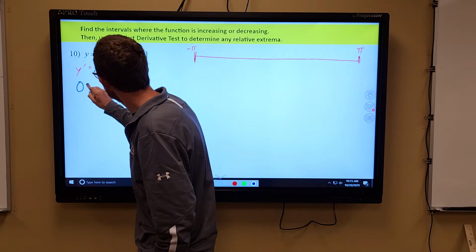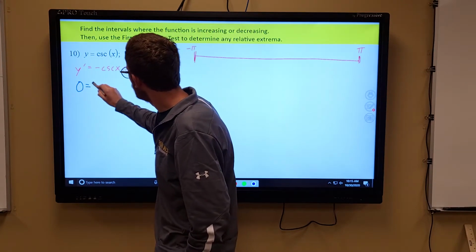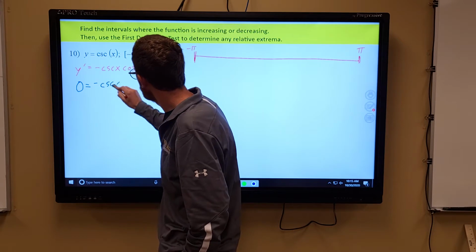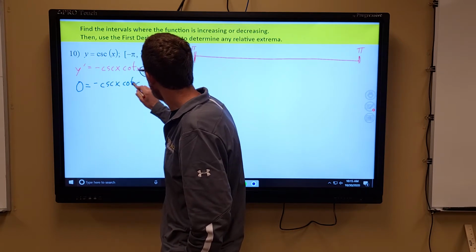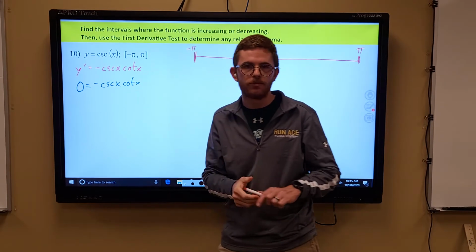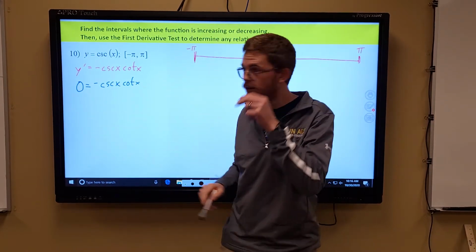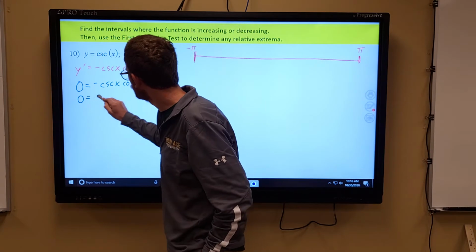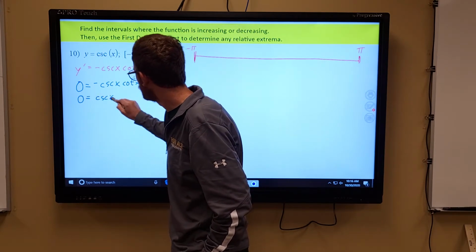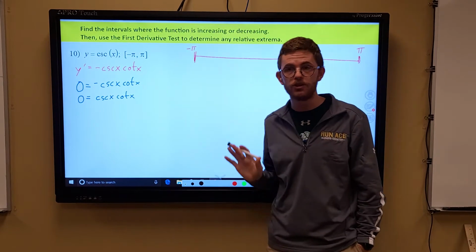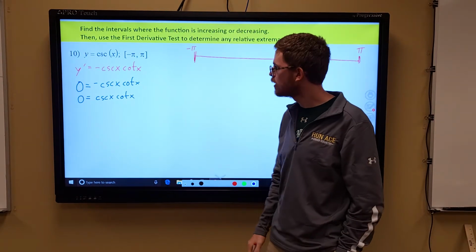So if I set this equal to 0, this is negative cosecant of x cotangent of x. But I'm going to first make this easier on myself. Divide both sides by -1, and we have 0 equals positive cosecant of x cotangent of x. If that negative possibly confuses you, just get it out of the way.